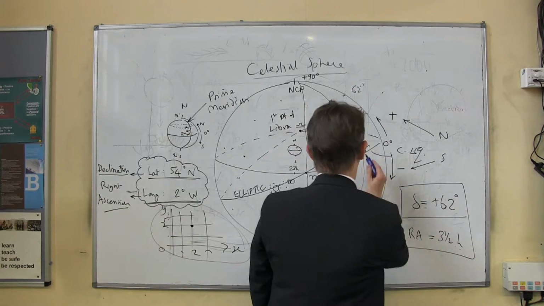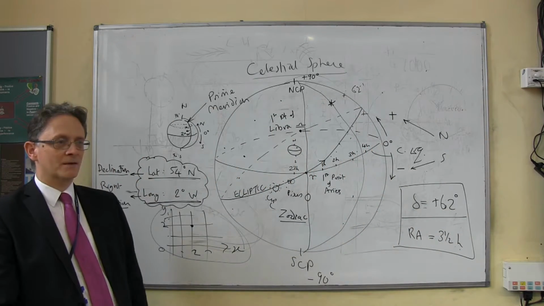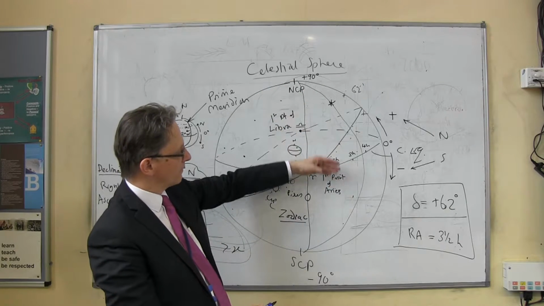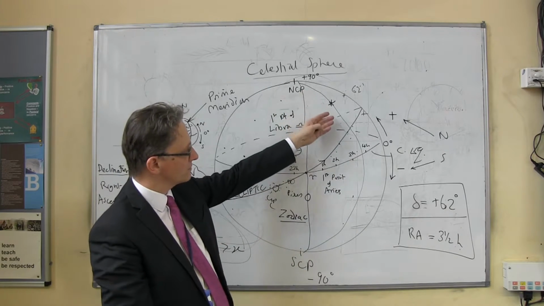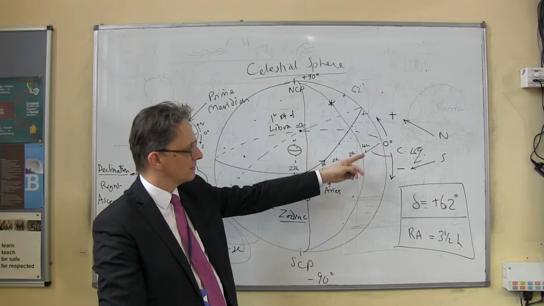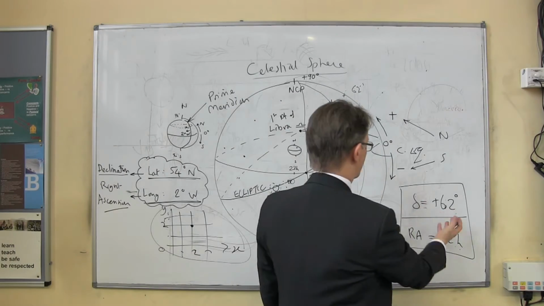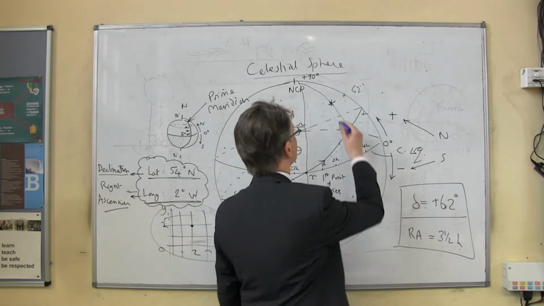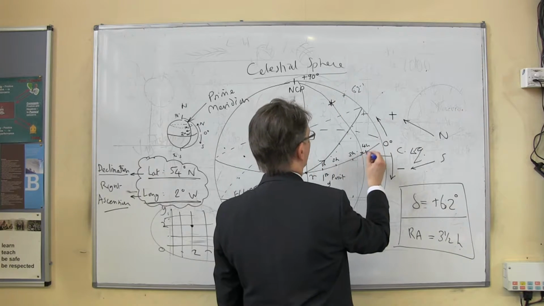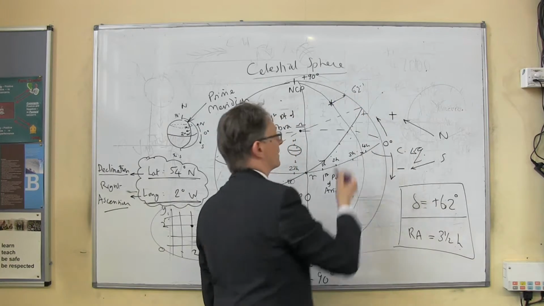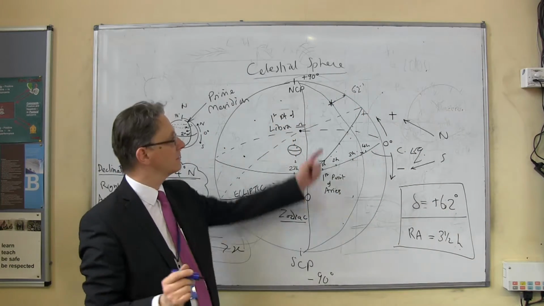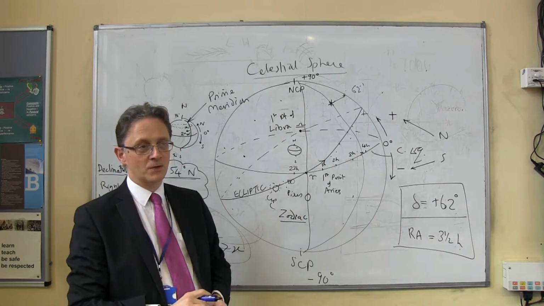A bit cheating. You with me? Where does the meridian from the north to south celestial pole that goes through that object cut the equator? Gives you its right ascension. Okay? So if I said to you declination 62, right ascension 3.5 hours, you'd find that point, and a bit like battleships, 3 along, 4 up. That's your point. Okay?